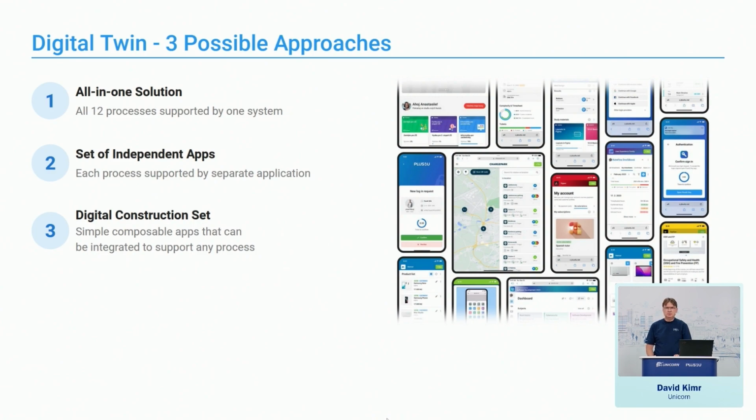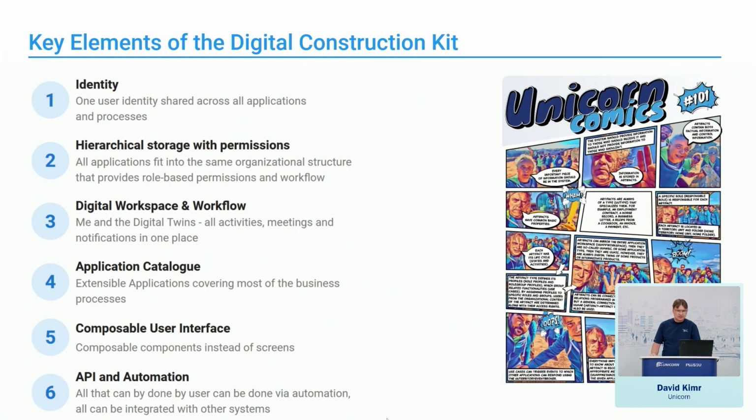So what about if we combine those two approaches, creating a third one, creating a certain digital construction set, having smaller independent applications, but putting them together so that they appear as a single IT system, easily traceable for every user, so a certain Lego type of system. If you look at Lego, there are several types of bondings.